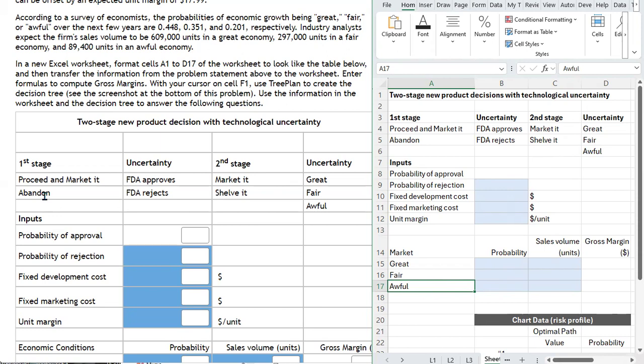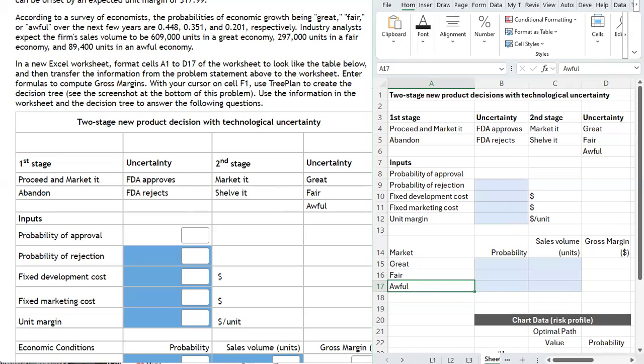Now, why would they shelve it? Well, maybe the amount of money they can earn while the patent is valid doesn't exceed the marketing cost. So they may decide to shelve it. If they decide to market it, then they face a second layer of uncertainty. The economy will be great, the economy will be fair, or the economy will be awful. Maybe you can use that to envision what this decision tree is going to look like.